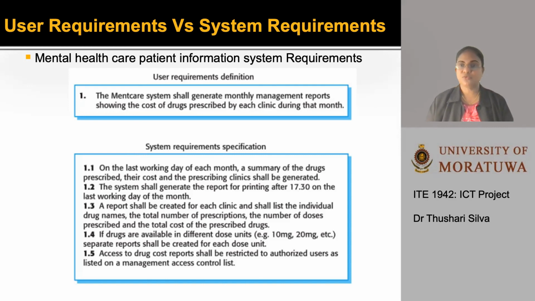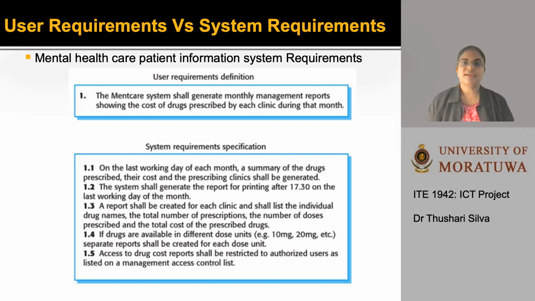You might find another way to generate the same report, but you need to generate reports based on each clinic, not all in one. So maybe the next one: if drugs are available in different doses or units, so maybe some drugs are available in 20 milligrams or 10 milligrams or 500 milligrams, a separate report shall be created for each dose unit. So that is more specific.